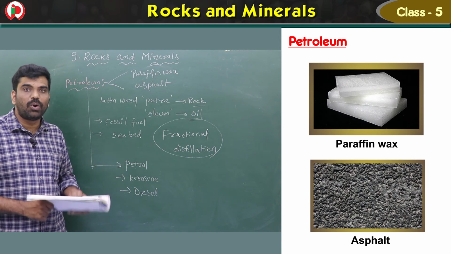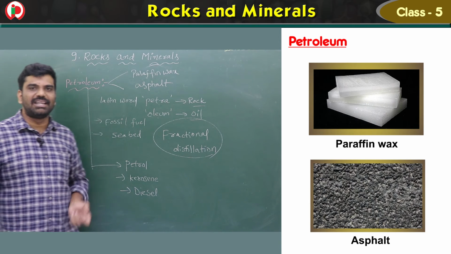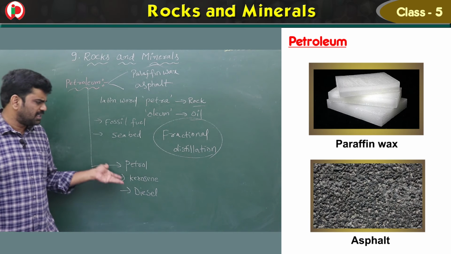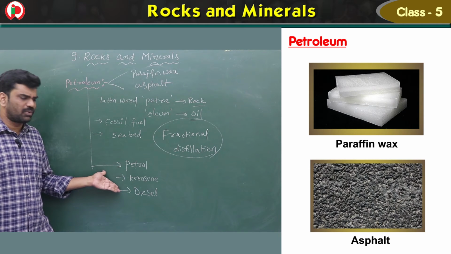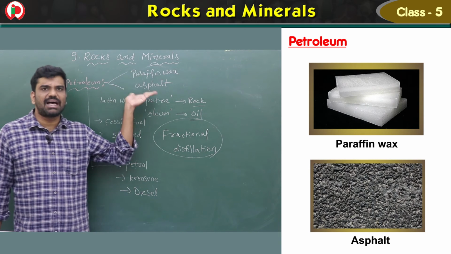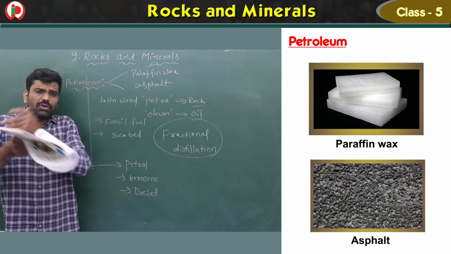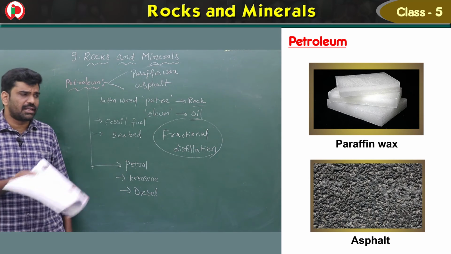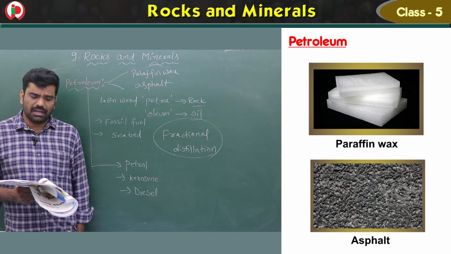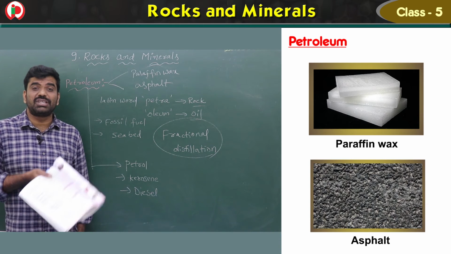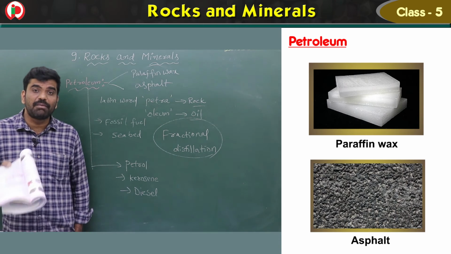It is also known as liquid gold. So this can be termed as liquid gold. Why? Because we are getting so many things, children, like petrol, kerosene, diesel, paraffin wax, asphalt. More than half of the people are using petrol as a fuel, and this is a precious and valuable non-renewable resource.